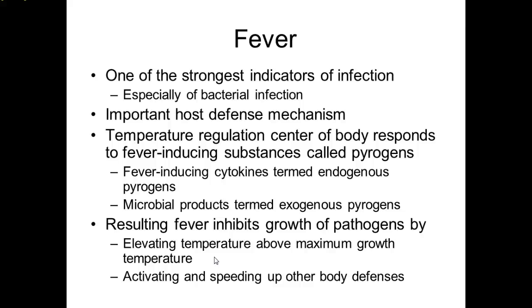So our body has receptors, fever receptors, endogenous pyrogens, that are going to turn up that internal temperature. The bad news, though, is that some pathogens themselves produce substances that are detected by our system as pyrogens, except these are exogenous. But they do the same thing. They turn up our thermostat. Bacteria are notorious for this.